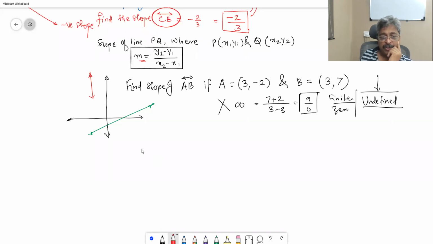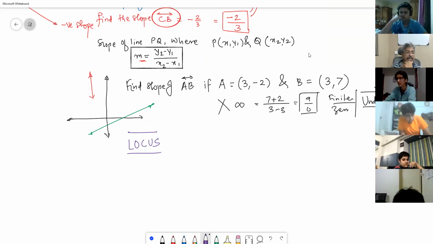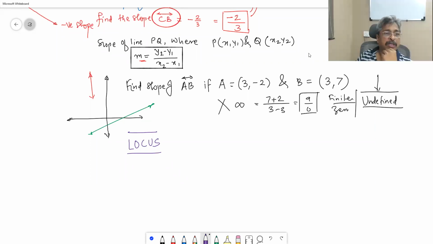Now, we have used this word in geometry, locus. Are you all aware of this word in geometry, locus? Yes, we have seen it several times. Locus.